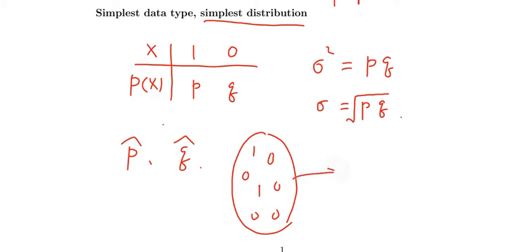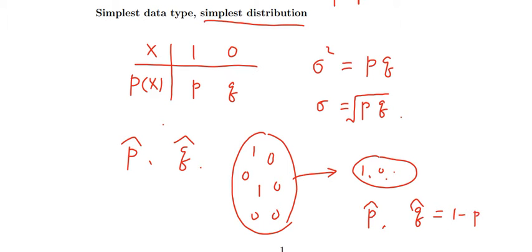So we take a sample, and we also have 1-0: some people say yes, some say no. From here we can find the percentage who say yes, the p hat. From p hat we also have q hat, which is 1 minus p hat.